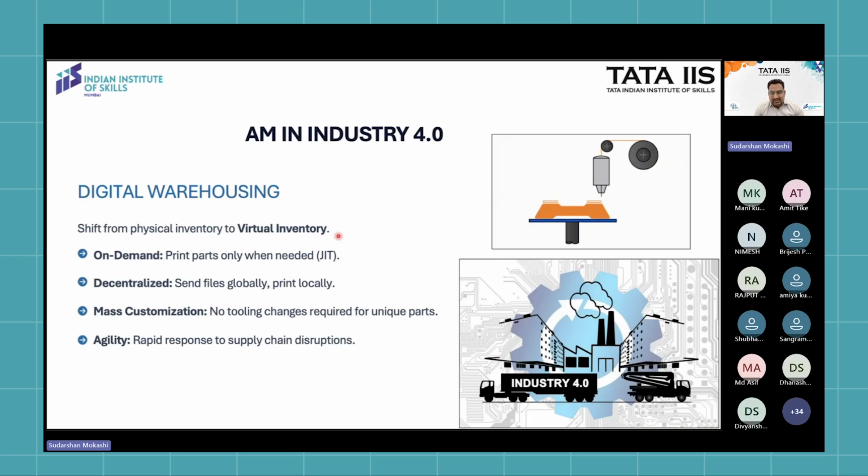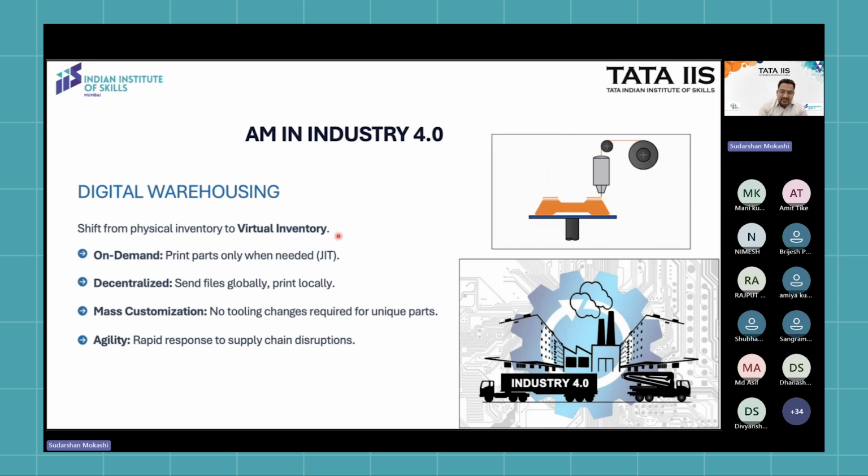So it decreases inventory, and a warehouse is not required to store maximum inventory in the plant. We can send the file globally and print locally. That is decentralized production, which is very time saving, as you see.